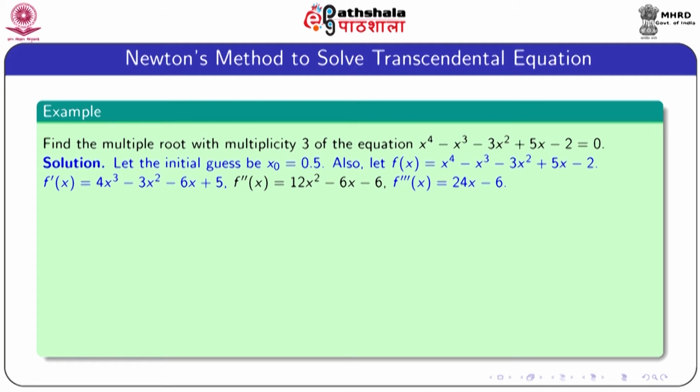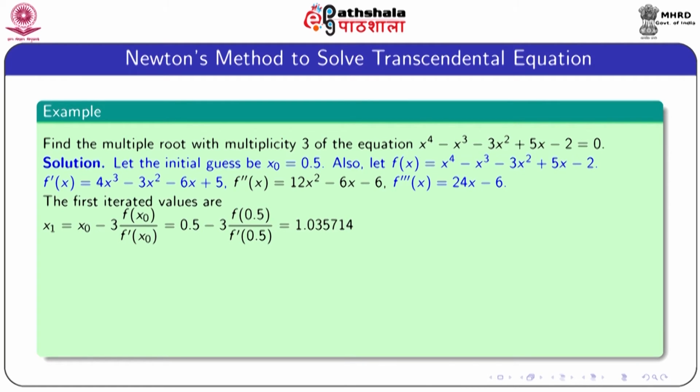Now, the first iterated values for the three formulas: x1 = x0 - 3 f(x0)/f'(x0), which is equal to 1.035714. The approximate value of x1 obtained by the second formula, x0 - 2 f'(x0)/f''(x0), where 2 is k - 1, after simplification is equal to 1.083333.